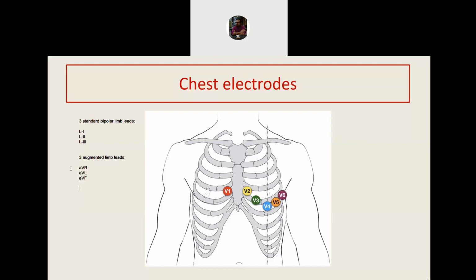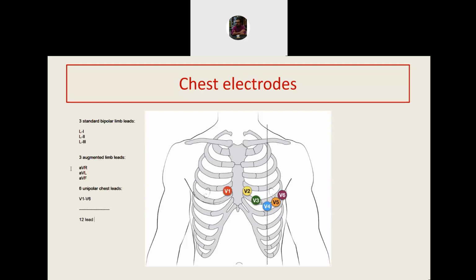And there are six unipolar chest leads. They are named as V1 starting from the right side to V6 ending on the left side. So altogether, total number of leads that we have are 12. That is why the common ECG is also known as a 12 lead ECG.